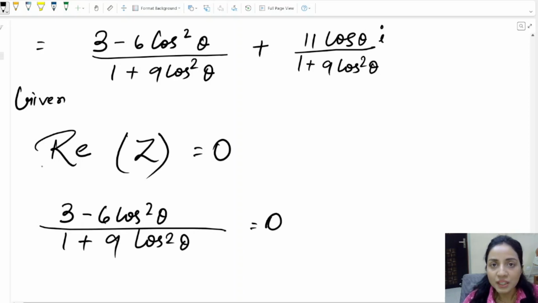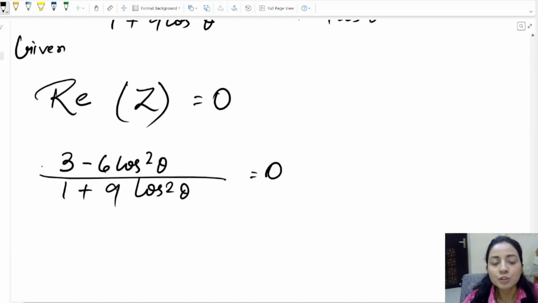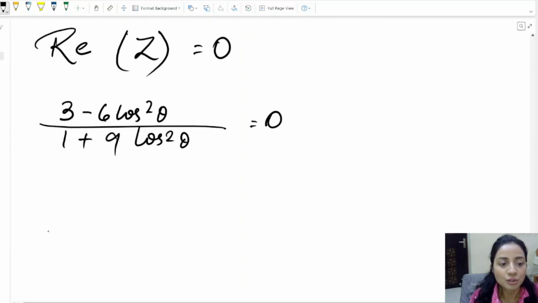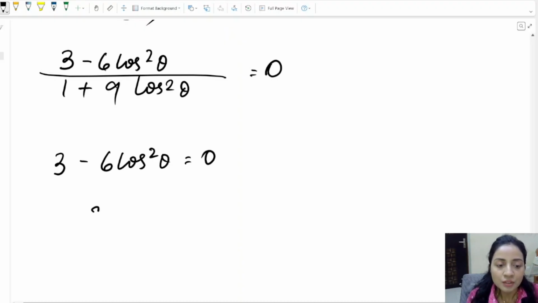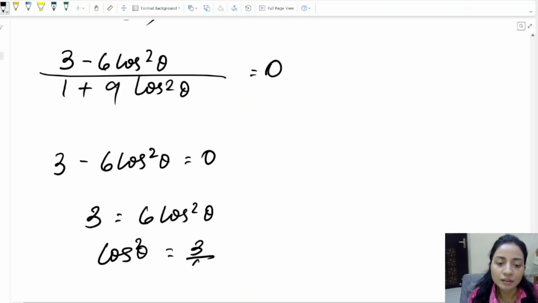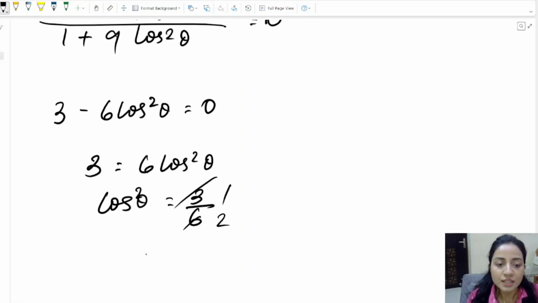Now we know the denominator cannot be 0, so we set the numerator equal to 0. So 3 minus 6 cos square theta is equal to 0, and from here we get the value of theta. 3 is equal to 6 cos square theta. Cos square theta is equal to 3 over 6, which cancels to 1 by 2. Basically cos theta will be 1 by root 2.